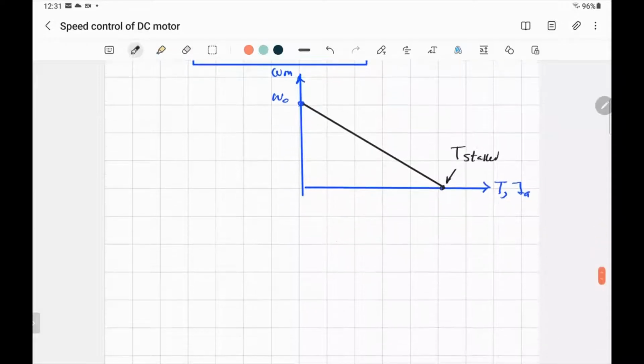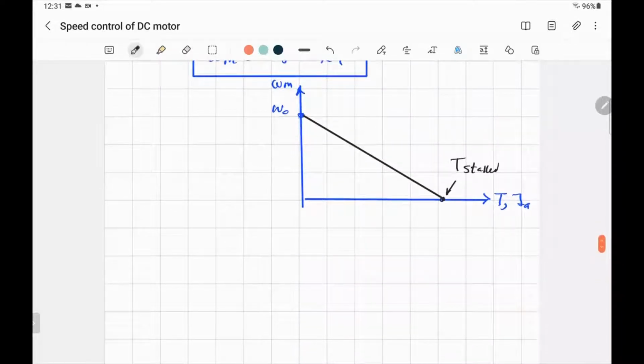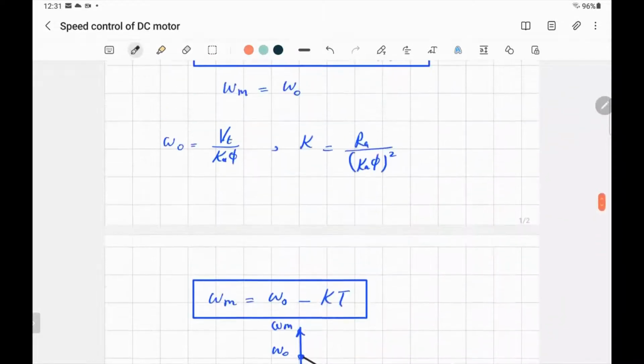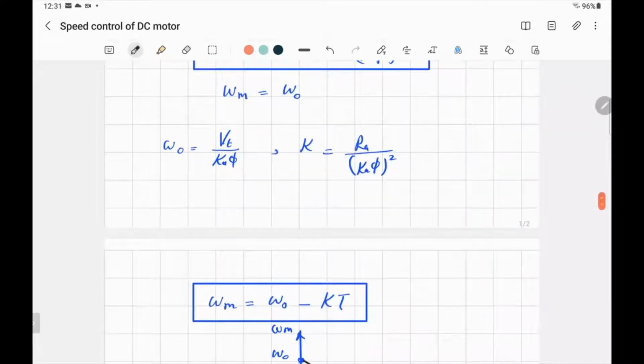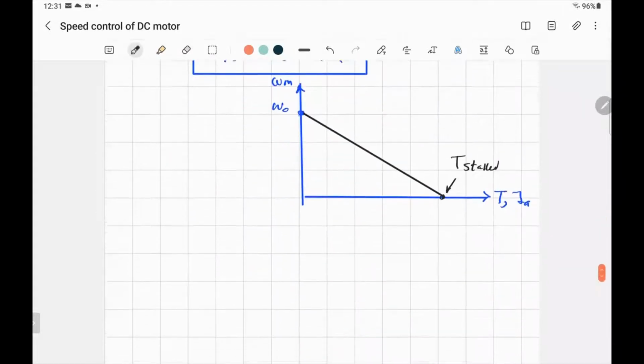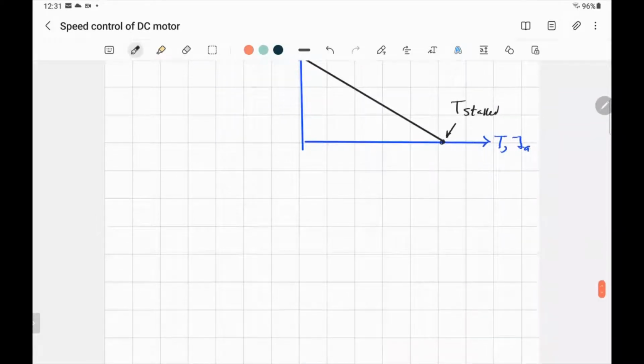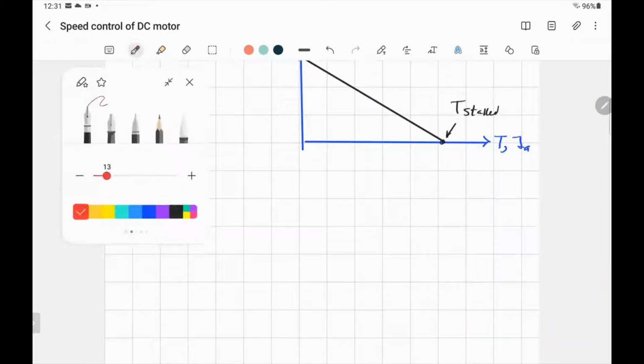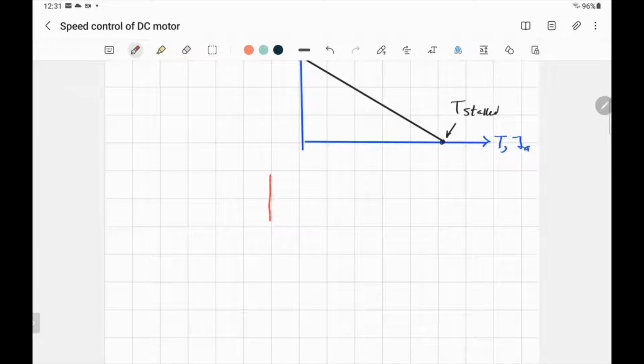So actually, I'm exaggerating the slope, because if you calculate the slope K, it is equal to Ra, which is very small, like 0.2, 0.3, 0.4, divided by a big number. Let me tell you what the real slope in real life would be. That's the speed axis, and that's the torque.